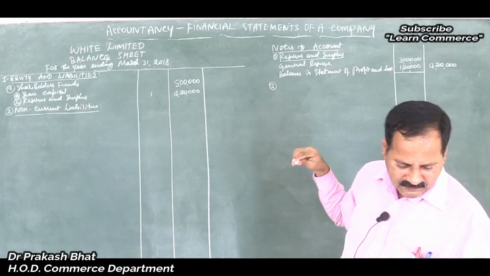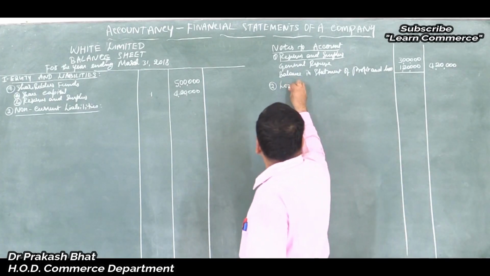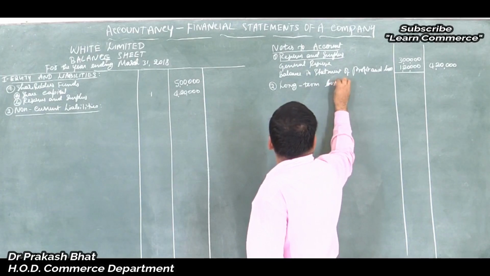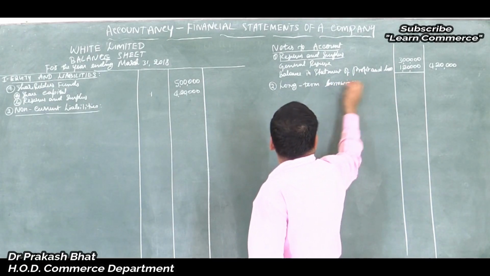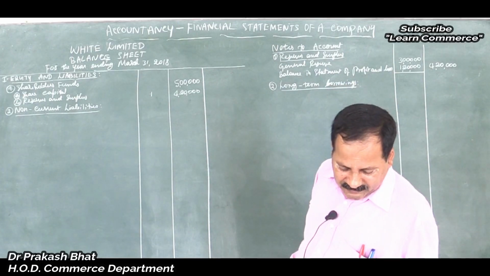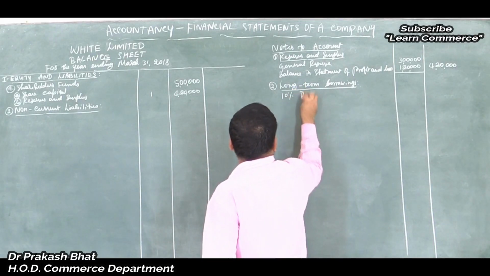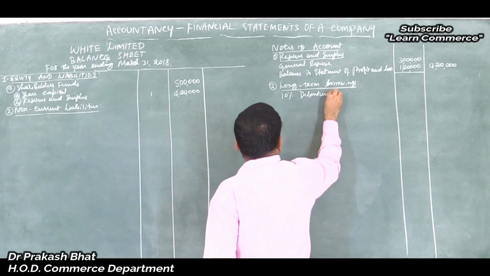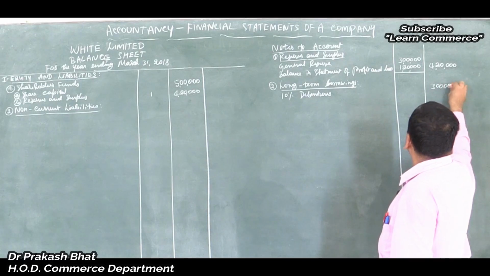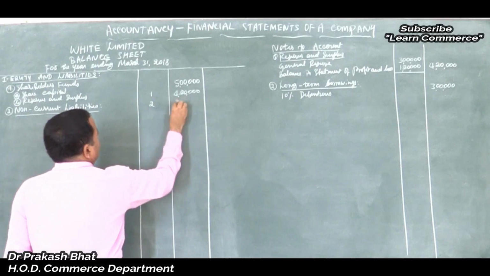Under that, long-term borrowings, debentures. Under that, 10% debentures 3 lakh, outer column. So right here, non-current liabilities, note number 2, 3 lakh.